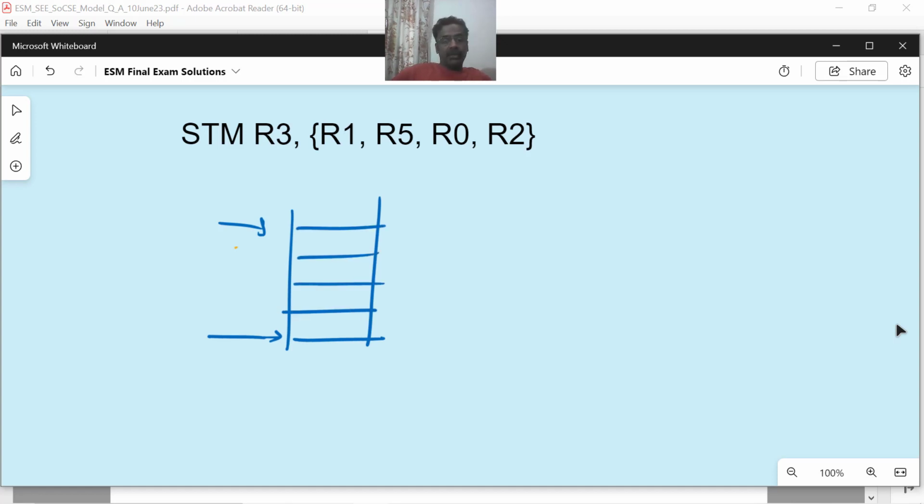STM is storing something where R3 is pointing at. It could be some address plus 4 you will do. Imagine an empty location is pointing at, and I will write R0 here because this is the lowest register. So I have to write it into R0, R1, R2, R5. Okay, that's it.